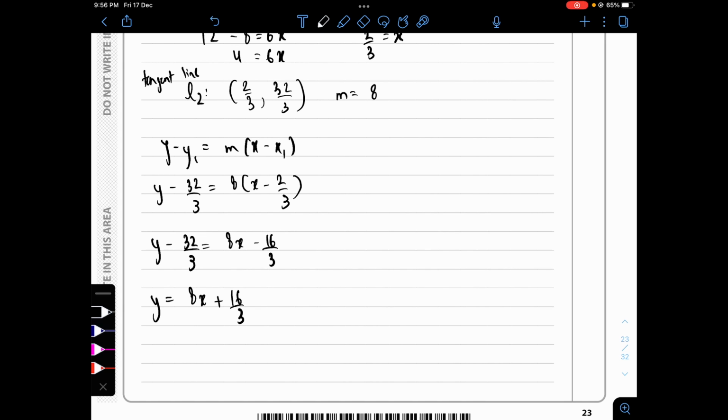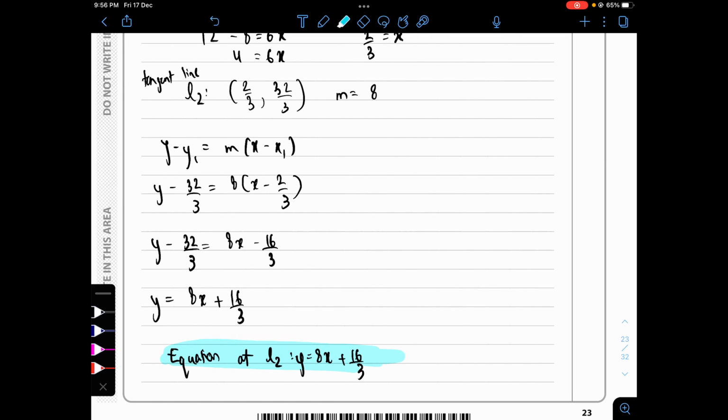So our equation for L2, which is basically the tangent line, is y equals 8x plus 16 over 3. So this is our final answer.